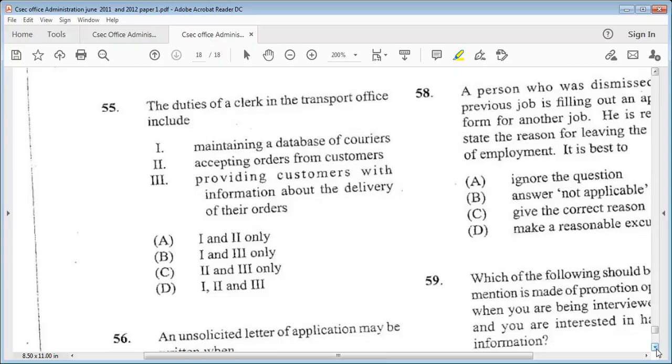Is it A, 1 and 2 only, B, 1 and 3 only, C, 2 and 3 only, or D, 1, 2, and 3? Our answer is B, 1 and 3 only. Maintaining a database of couriers and providing customers with information about the delivery of their orders.